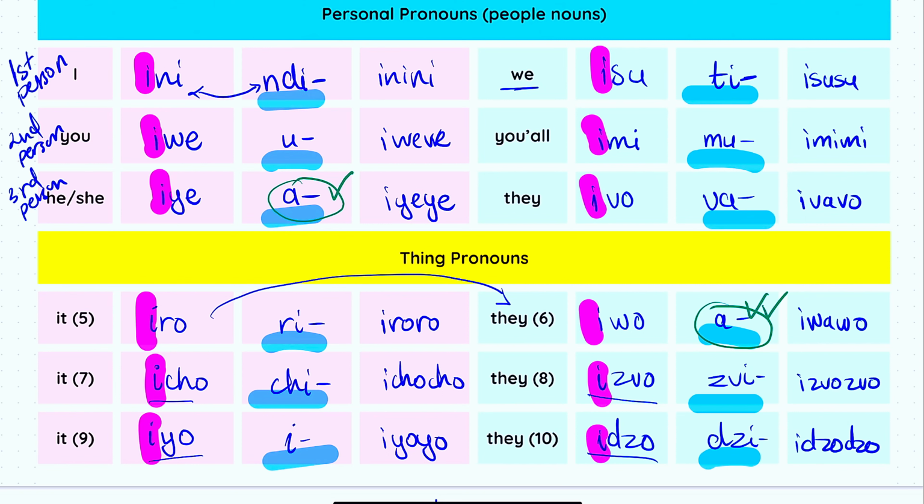If you're talking about a lot of things, though, then it's likely this one belonging to they. And lastly, for emphasis, we can duplicate the last syllable in the personal pronoun to make an emphatic pronoun, such as inini, iwewe, iyeye, isusu, imimi, ivavo, iroro, ichocho, iyoyo, iwawo, izozo, and idzodzo.